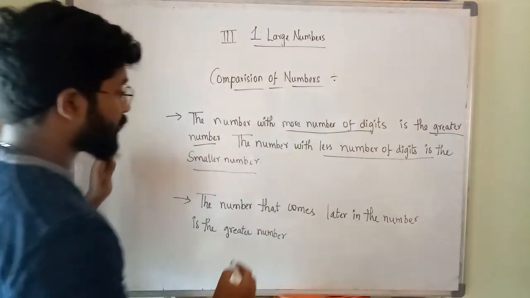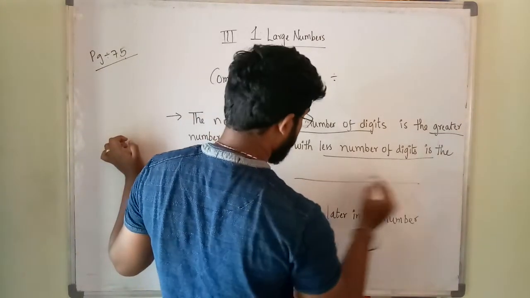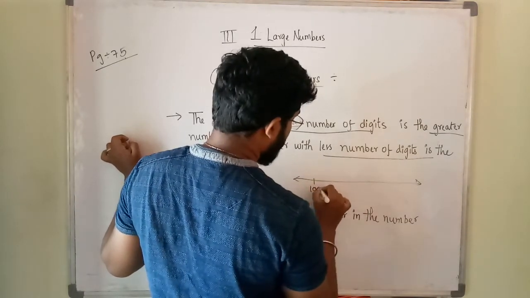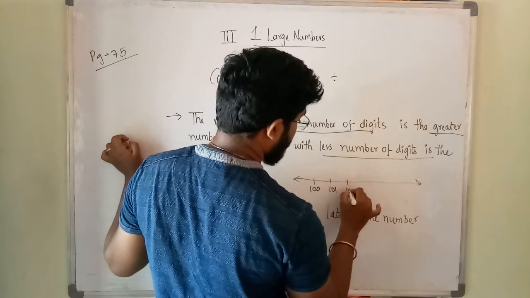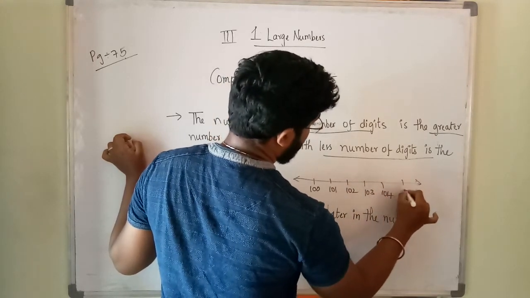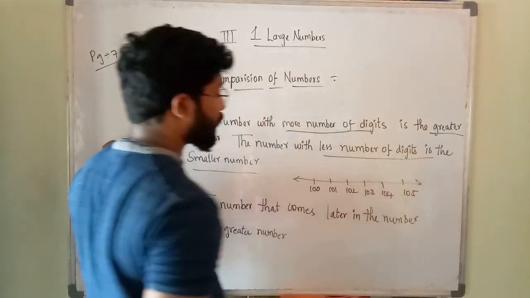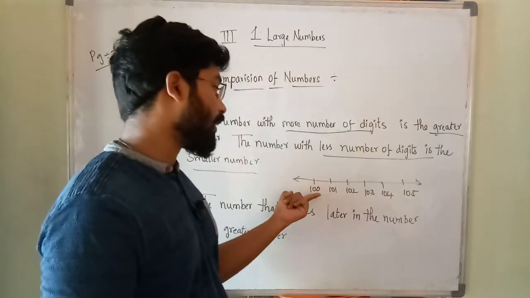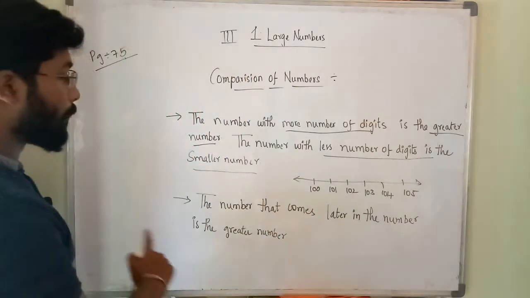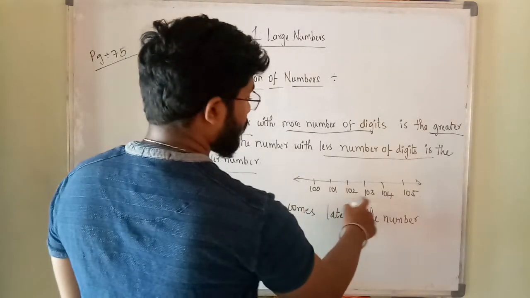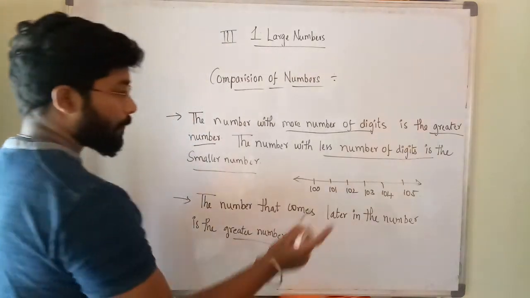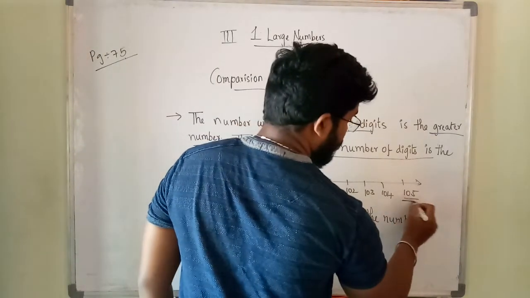So let us represent this in a number line. Okay, this is a number line. So here 100, 101, 102, 103, 104, 105. This is for your example. I am starting from 100, 101, 102, 103, 104, 105. Among these 6 numbers, which is the greater number? The number which is at last.